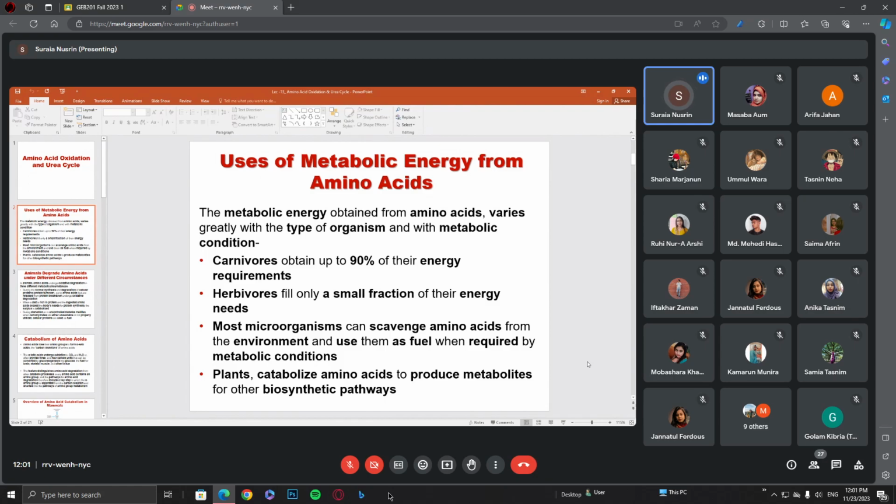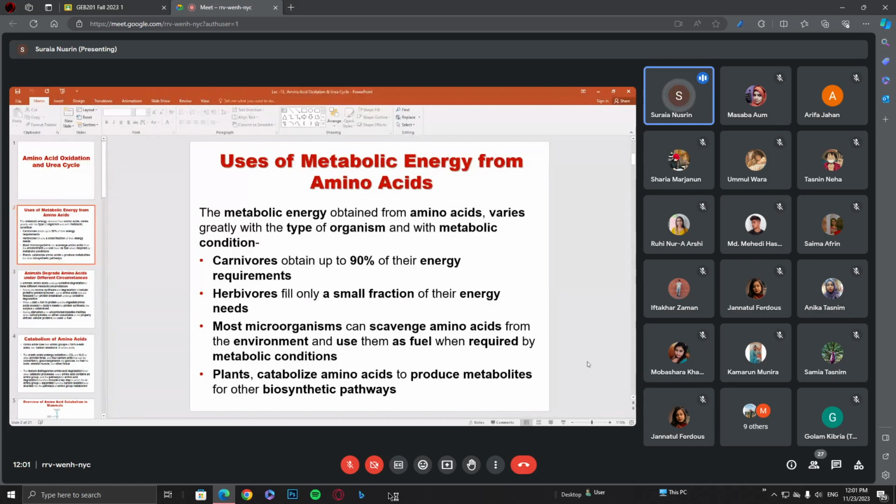So that means most of their energy, which is 90%, is coming from amino acids, because their food is meat. Then herbivores get food from the plants. So a very small portion of the energy they get from amino acids. Otherwise, they will get it from glucose.